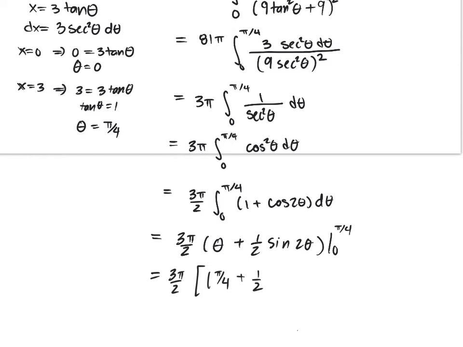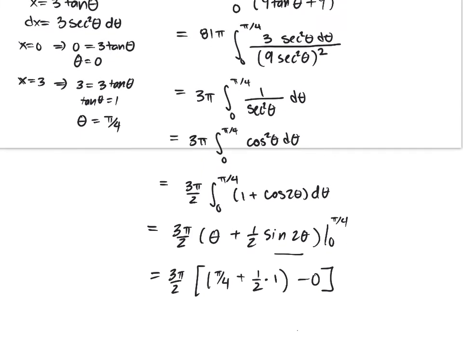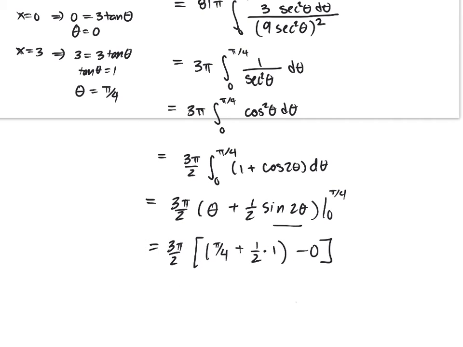When I plug in pi quarters, I get sine of pi over 2, which is 1. Does plugging in 0 give us 0 in this case? Yeah, okay. So if you want to distribute, which you don't have to do, your answer is 3 pi squared over 8 plus 3 pi over 4. Ugh.